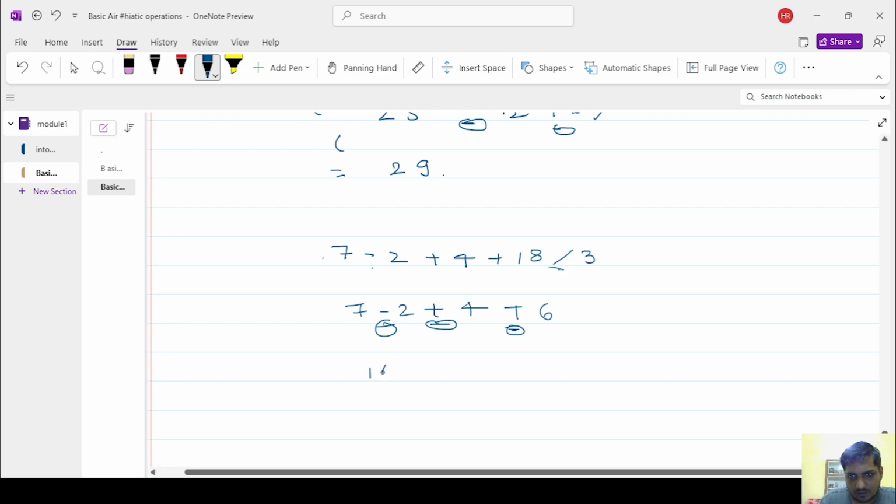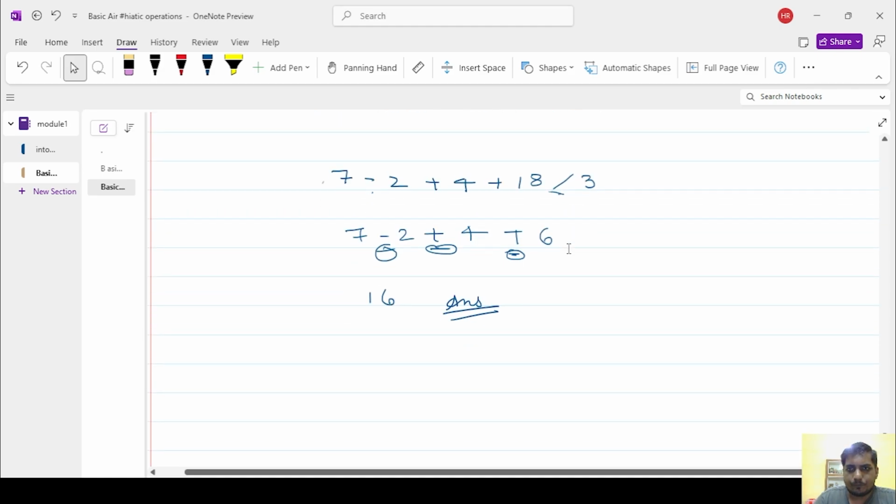That 15 is the answer. Did you get our point or not? So this is the ranking operation performed, the ranking order which we have done.